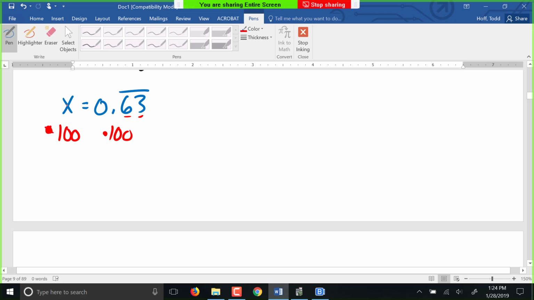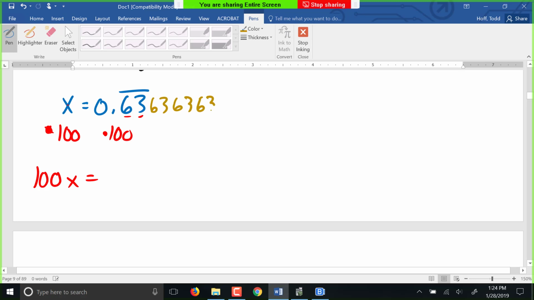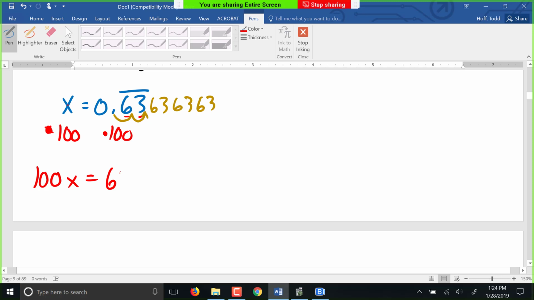So what this gives me, 100 times x is 100x. Over here, remember, this is really 0.63636363. Multiplying by 100 just moves that decimal point over 2 spots. So what that gives me there is 63.63 repeating.